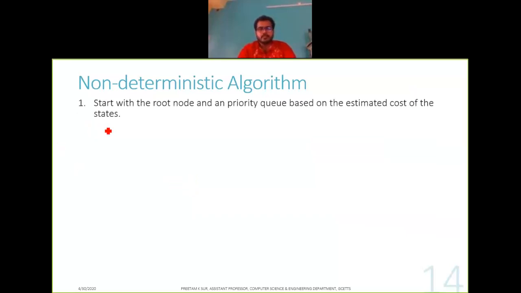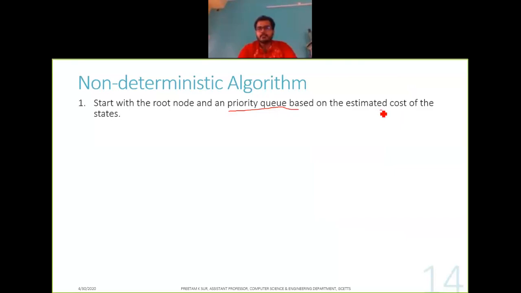So start with the root node and a priority queue based on the estimated cost of the states. Since we are doing LC, meaning least cost branch and bound, we will have the priority queue. Now the priority queue is built upon some value, right? It compares the value. So what value will be compared?